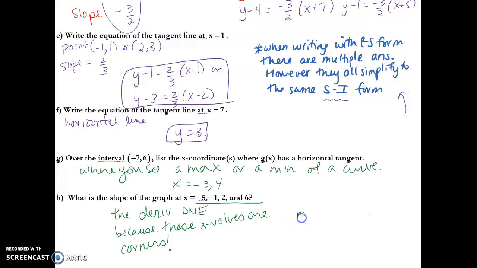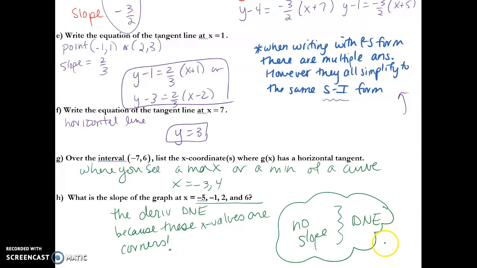So these points have no specific slope because the derivative doesn't exist. So you can either say no slope, you can say DNE, either one of those would work there. And this is going to occur if we have a discontinuity or a corner in the graph.